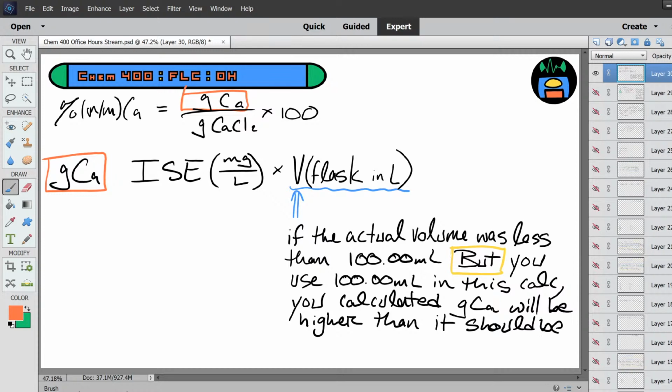And if your numerator, if this right here, is too large or larger than it should be, then your percentage will also be larger than it should be. Does that make sense?